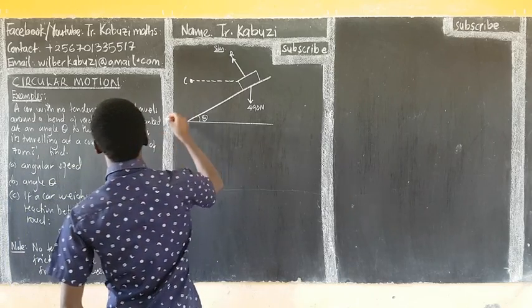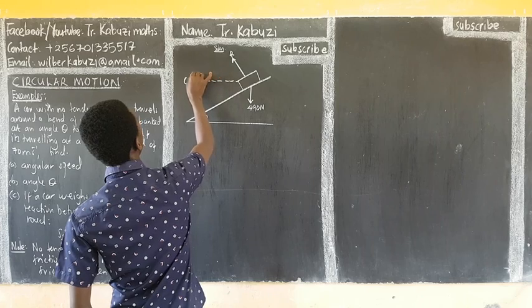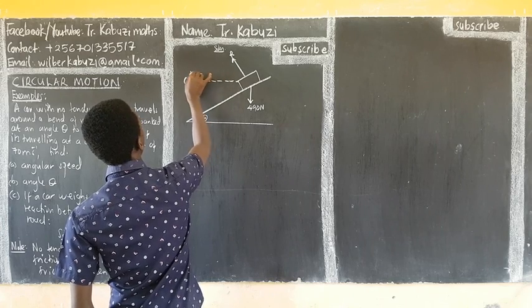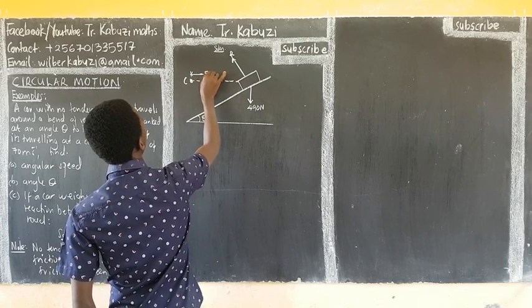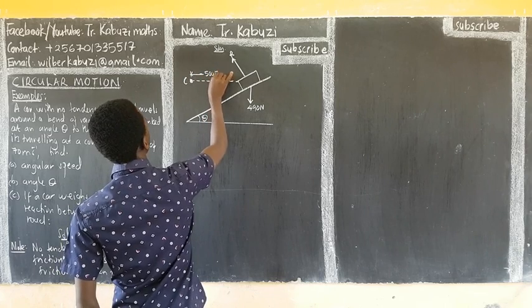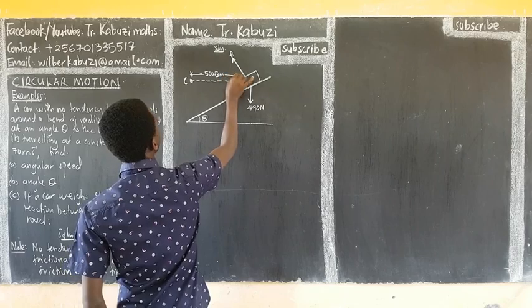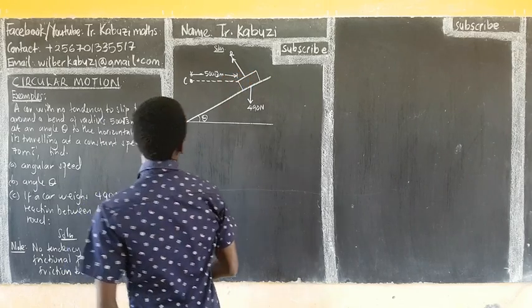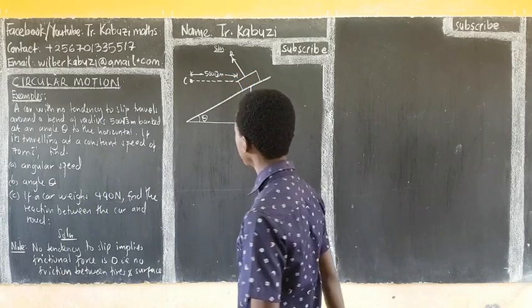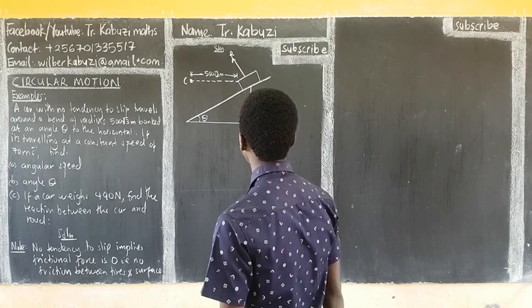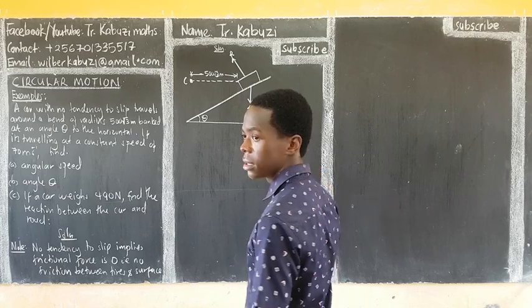So from here up to the car, we have 500 root 3 meters. That's the radius it's going to be forming as it's moving.